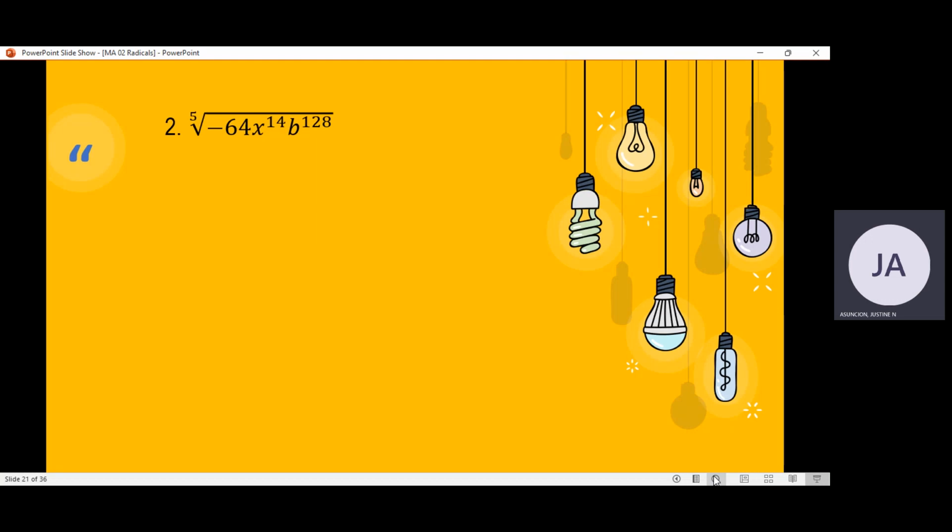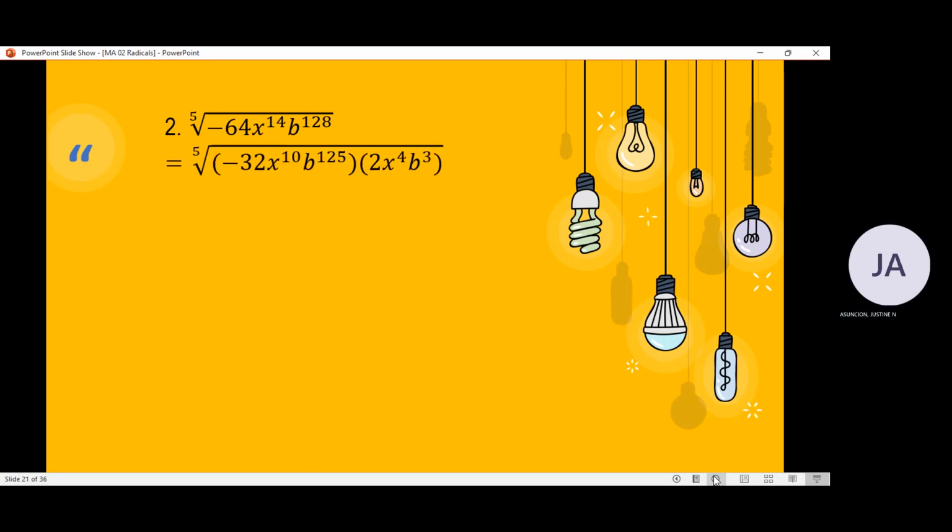Okay, so simplifying this again, we need to identify the perfect root. Negative 64 can be expressed as negative 32 times 2. X raised to 14 can be expressed as x raised to 10 times x raised to 4.